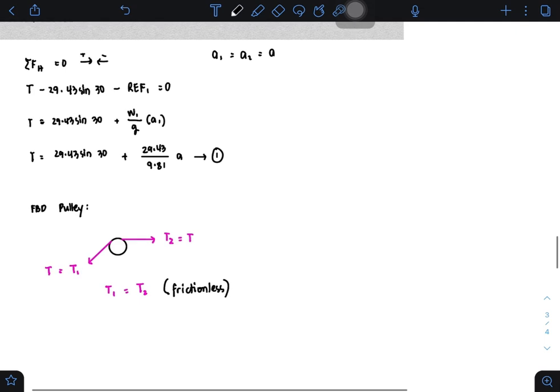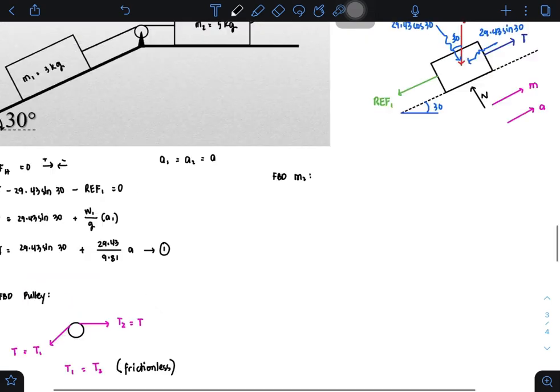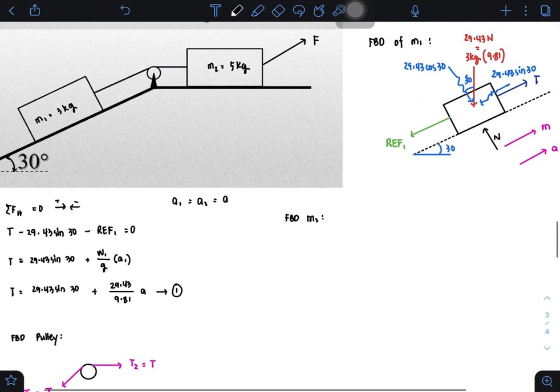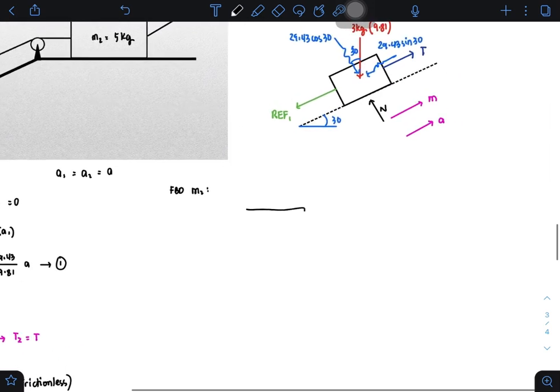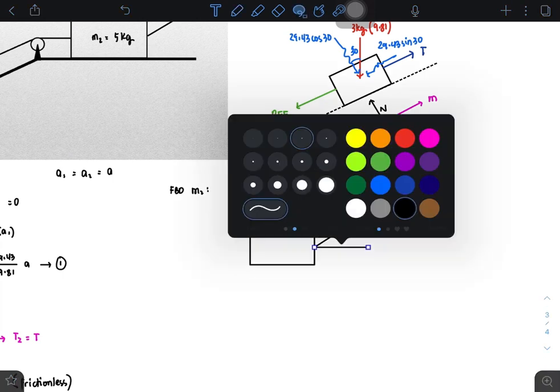Okay, so that's frictionless. Let's now proceed with the free body diagram of the second block, mass number 2. So we're going to draw block number 2, and there is an applied force F with respect to the horizontal.